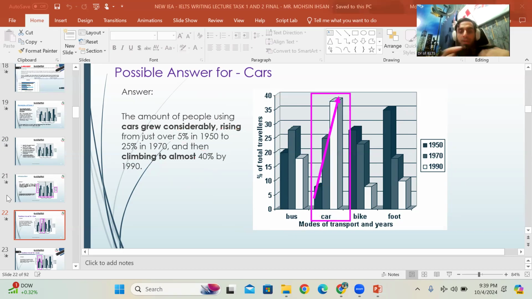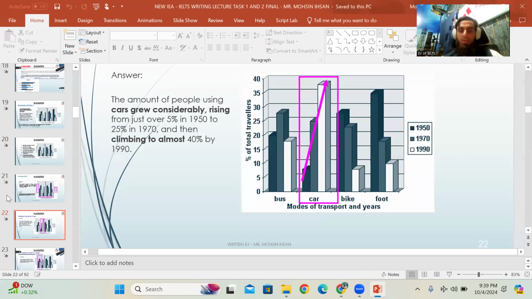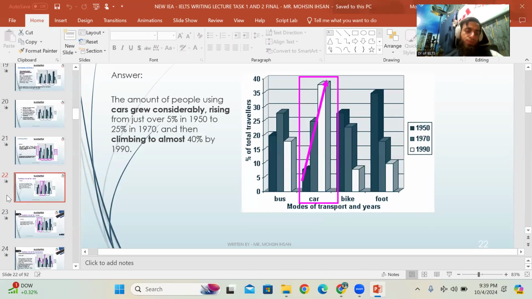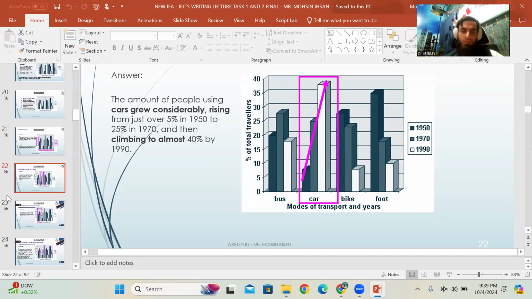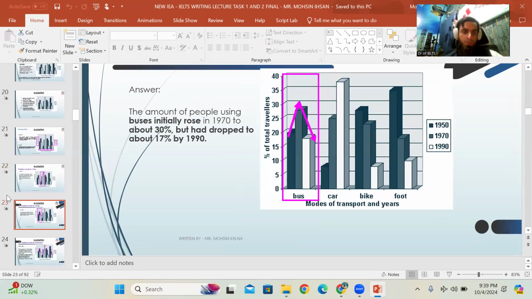So this is actually the comparison, and then in the comparison, what is the second step? Second, we have bus, among vehicles car and bus, then bike and foot. Yes, now see the amount of people using buses. First, approximately 20 you can mention, right? Here I think it is not mentioned.